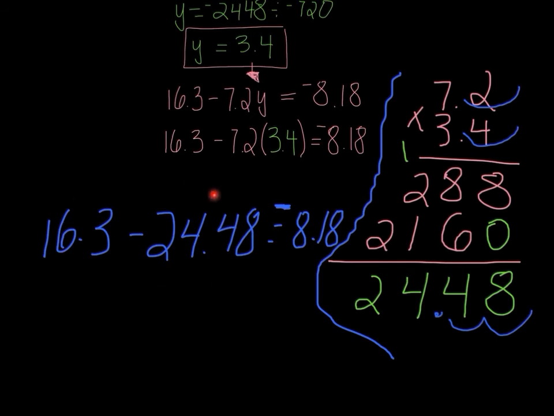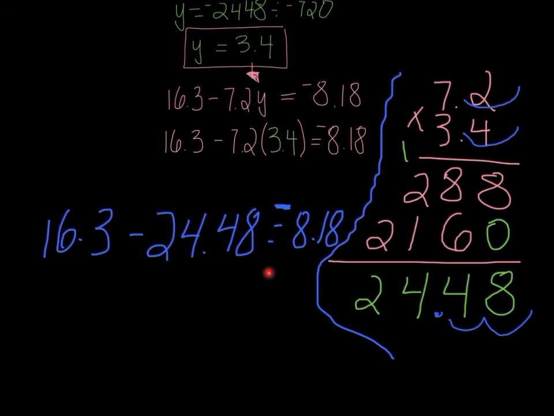In this operation, I'm taking a value, 16.3, and subtracting 24 and 48 hundredths. I'm taking a smaller value and subtracting a larger value. So it makes sense that my answer would be a negative one.